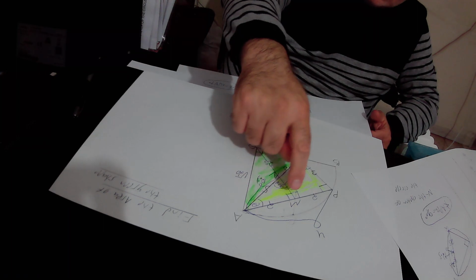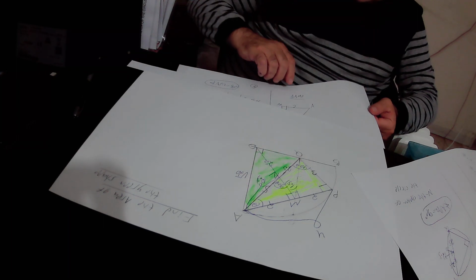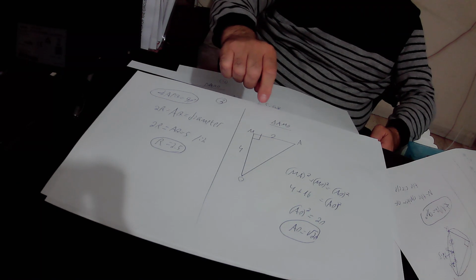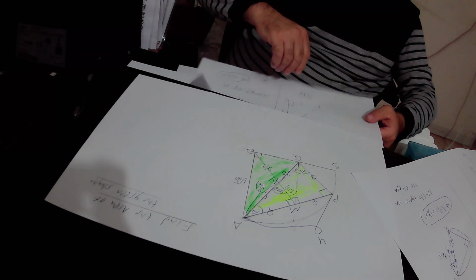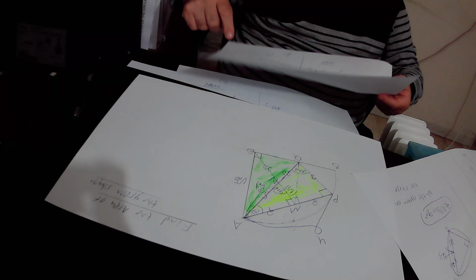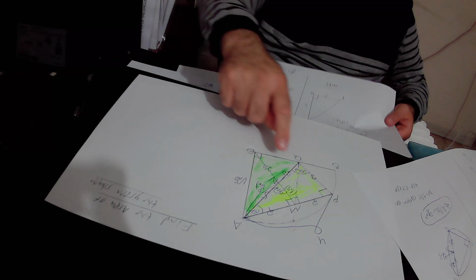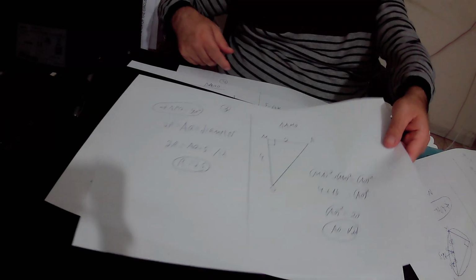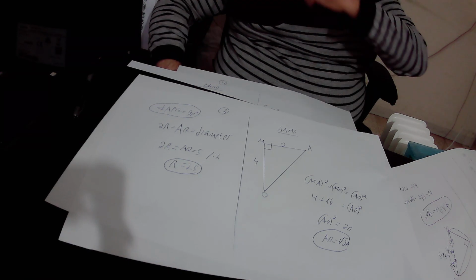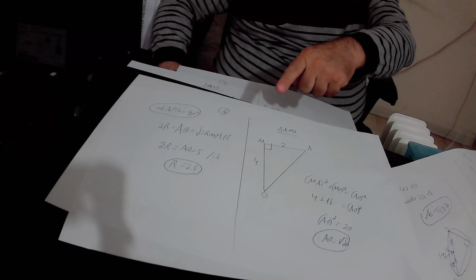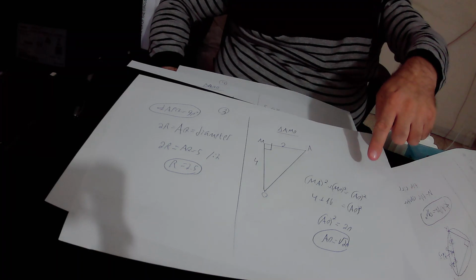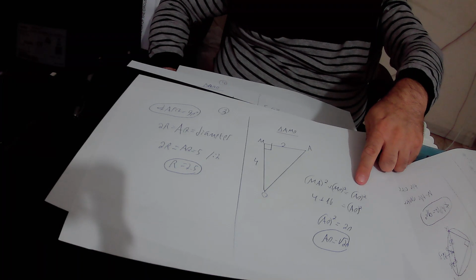Then we implemented the Pythagoras theorem on the right triangle AMO. MO equals 1.5 plus 2.5, that is 4. AM equals 2 units. According to the Pythagoras theorem, AM square plus MO square equals AO square.